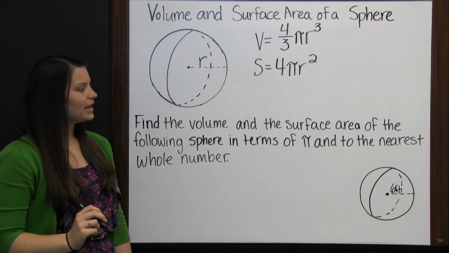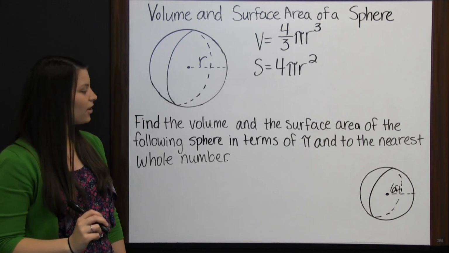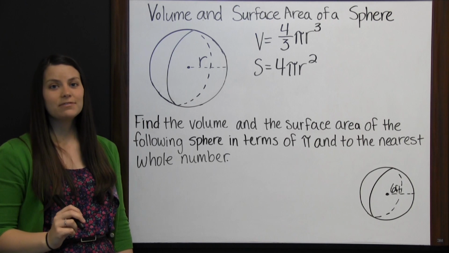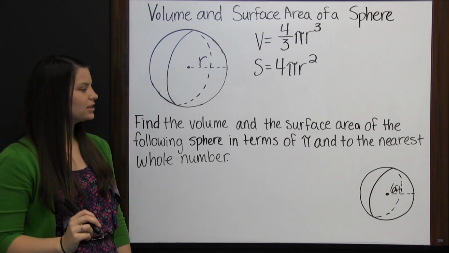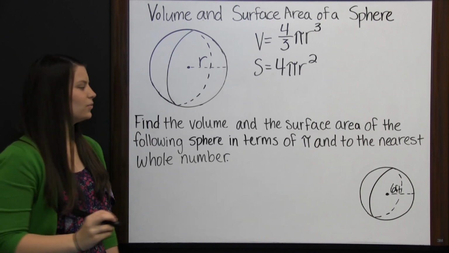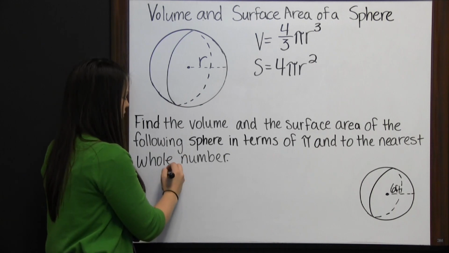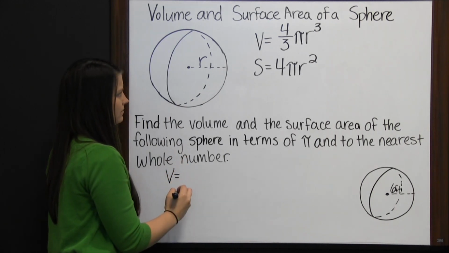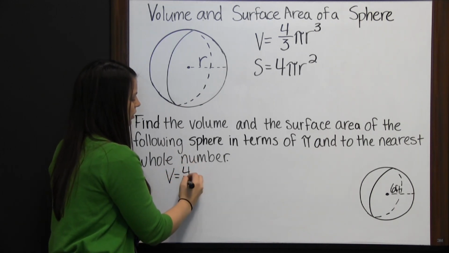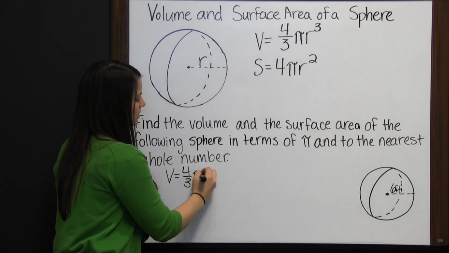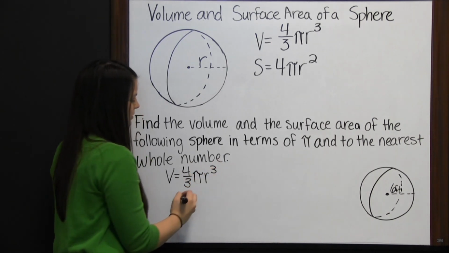Find the volume and the surface area of the following sphere in terms of pi and to the nearest whole number. We'll start with volume. So first we'll write our formula for volume, which is 4/3 times pi times radius cubed.